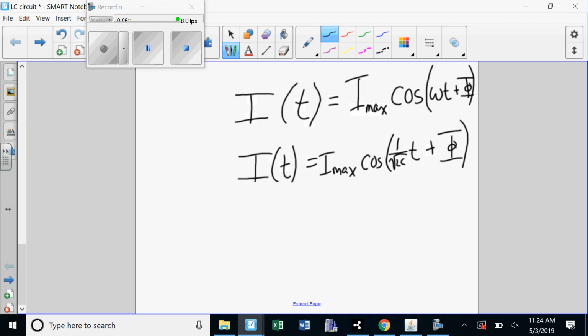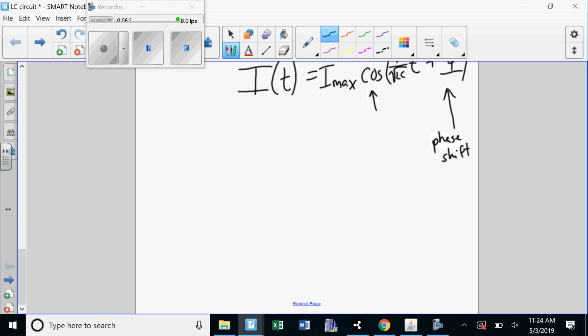And I want to address this phi right here on the end. Remember that phi is just a phase shift. It says if I have a cosine or a sine function with a phase shift, it just moves my entire function left or right. I've used cosine as the solution to this second order differential equation because that's what we did back in mechanics with something like a pendulum or a spring mass oscillating system.